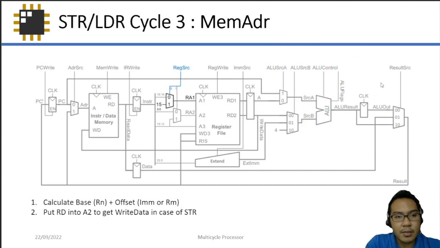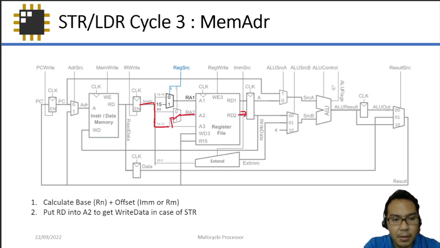So okay, let's talk about the third cycle for store and load operations because they have the same third cycle, which is called MemAdr. So for this step of the store and load cycle, you have here 15:12 being fed into RA2.